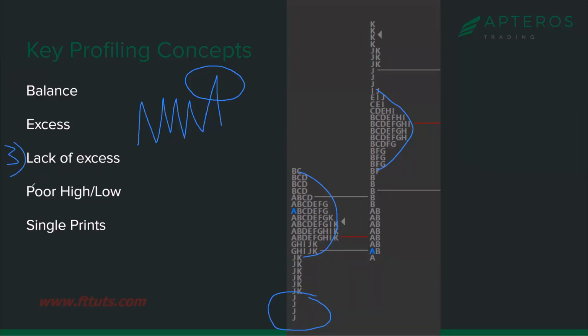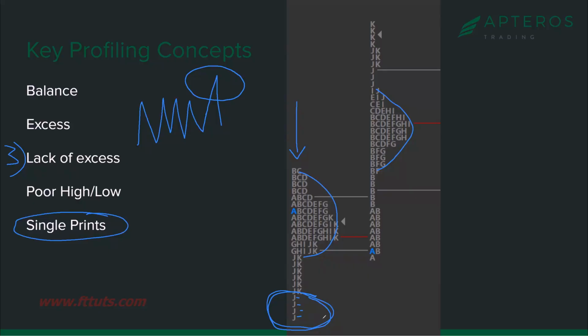And then, which brings us to our third point here. Where do we have lack of excess? Let's look at the other end of this first profile. Look at the top here. There's no swift rejection because, maybe I should have ordered these differently, but we've got to go talk about single prints. Down here, we had single prints. There's only J, J, J, J, only a single column of letters.